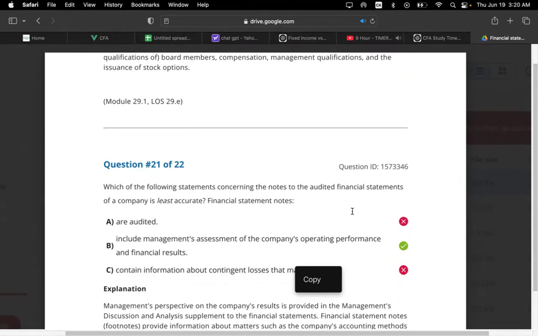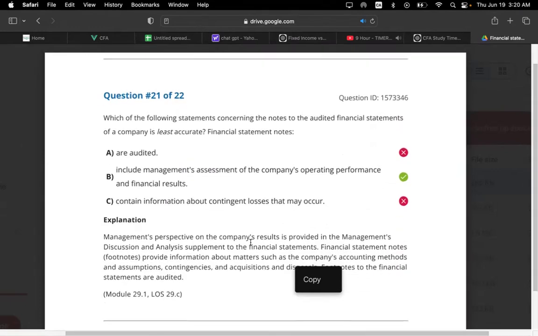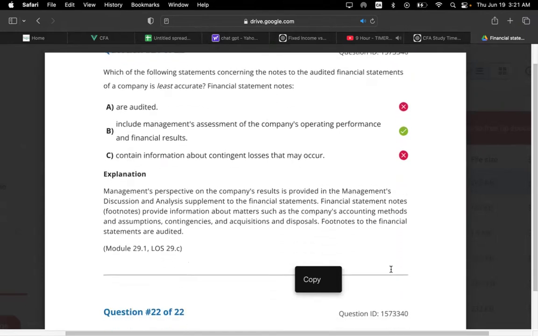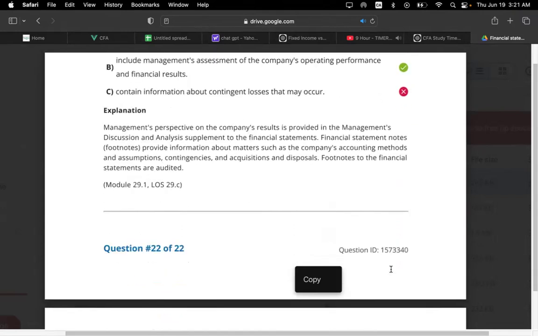Management's assessment will not be part of the notes. Management's perspective is provided in the management's discussion and analysis to supplement the financial statements. Financial statement notes provide information about matters such as the company's accounting methods, assumptions, contingencies and commitments, acquisitions and disposals. Footnotes to the financial statements are always audited.